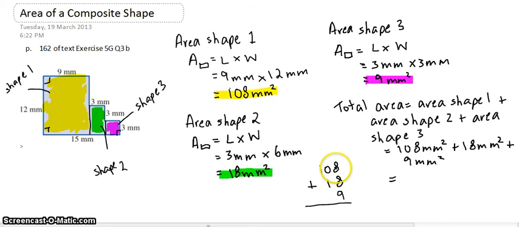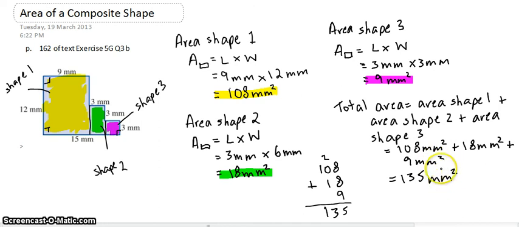So 8 and 8 is 16, and 9 is 25, and 2 and 1 is 3, and 1 there is 4. So my answer here will be 135 millimeters squared.